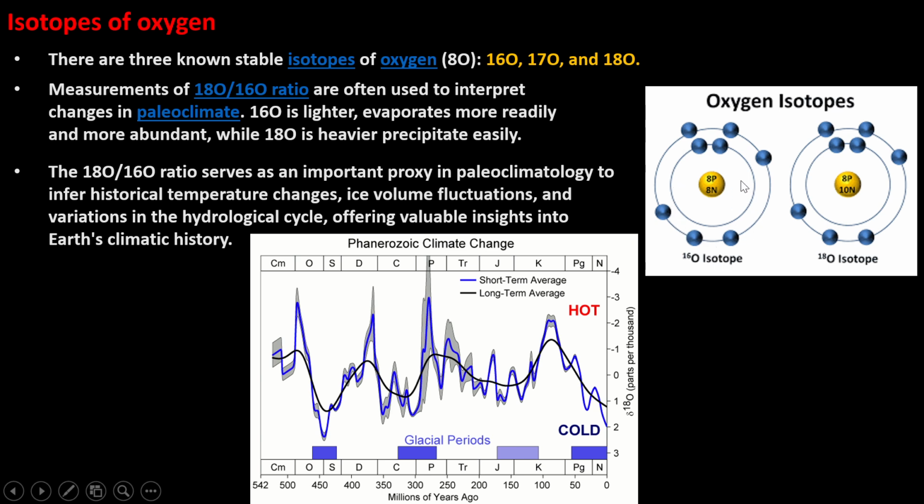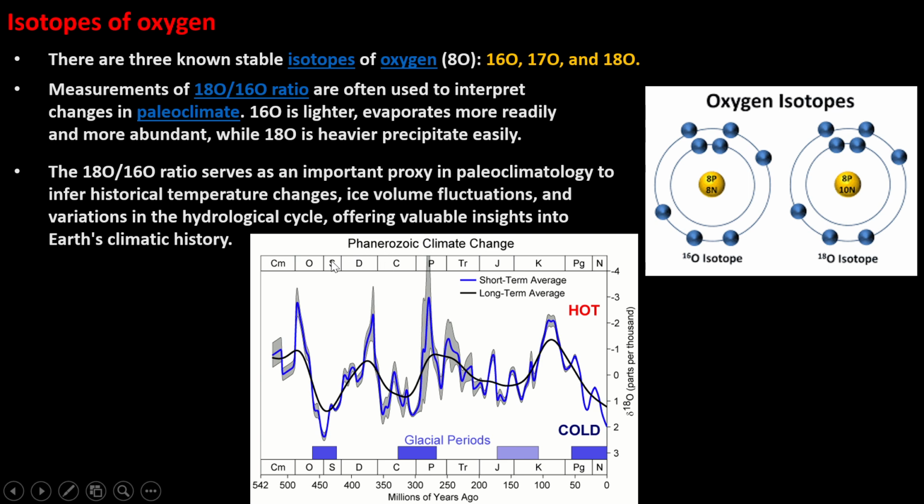The lighter one is mostly found in nature, and the heavier one is found in smaller amounts. For example, they precipitate easily, so they are mostly found in land type.